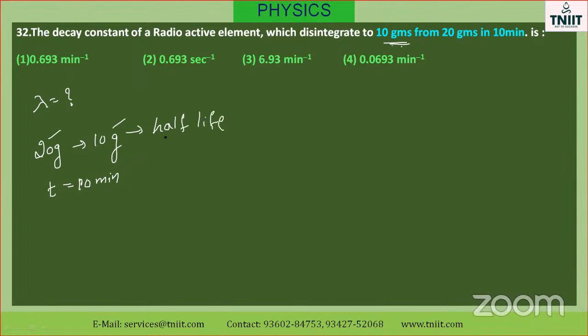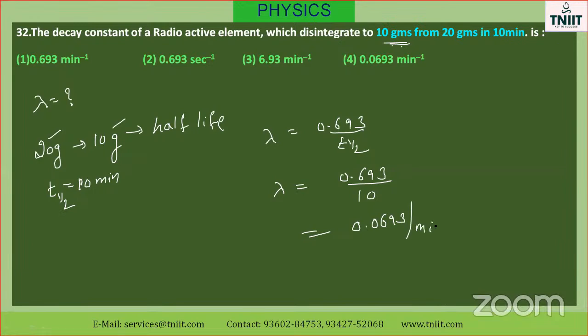Yes, sir. Because it has become half. So this should be the half-life. You know that decay constant is given by the formula 0.693 by T half. What is T half? 10. So 0.693 by 10, that is 0.0693 per minute, no? Yes, sir. So option 4 is the right answer.